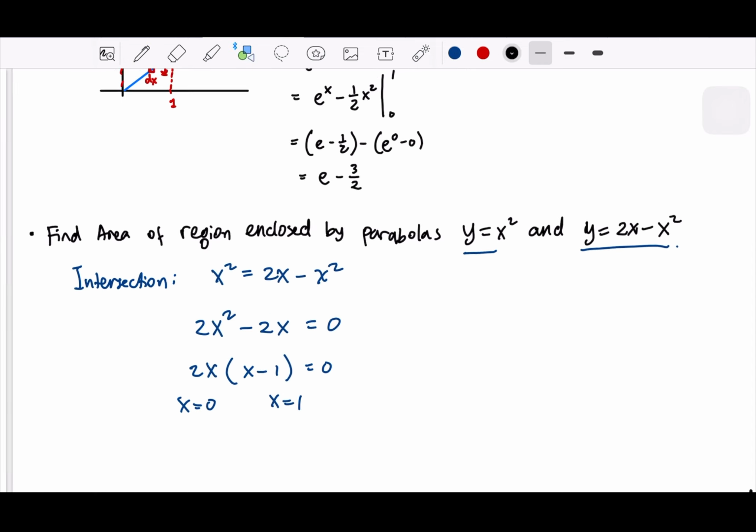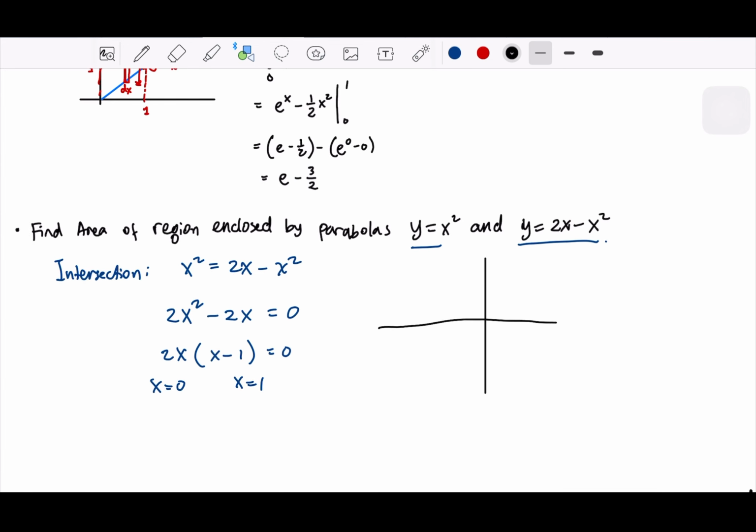And then perhaps we draw. I think we can start from the x squared. Let's say that's our x squared. And then to draw 2x minus x squared, I hope you still can draw that.